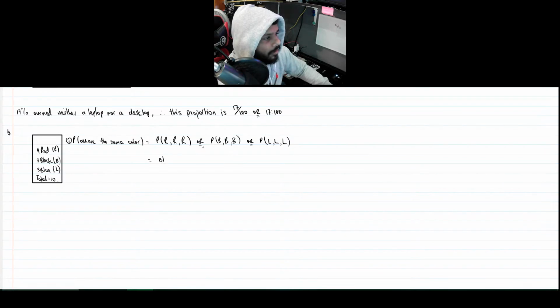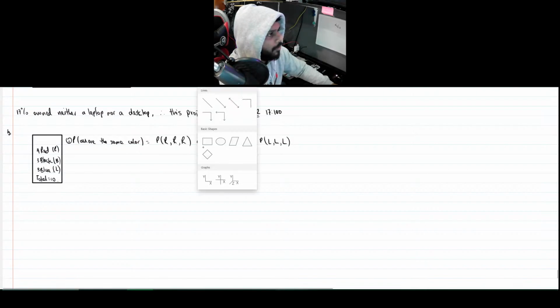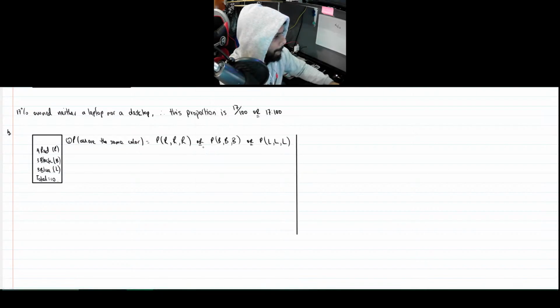So the first red, I put an equal sign there. I will do this in my working column. So the first red could be 4 out of 10.